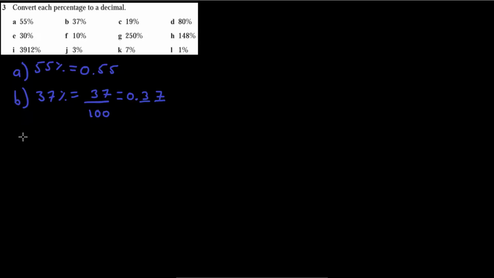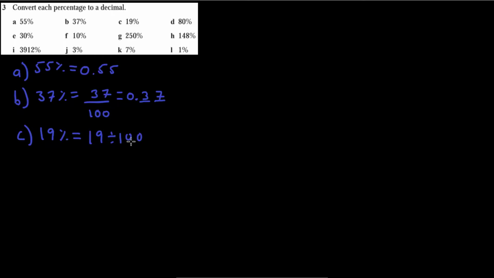Another thing we could try is, this one's a little bit less mathematical, but it helps some people out, especially visually. This, if we just put it in our calculator, or we think about this as 19 divided by 100, which is very similar to before when we had that fraction. And when we divide by 100, we are just moving the decimal point.